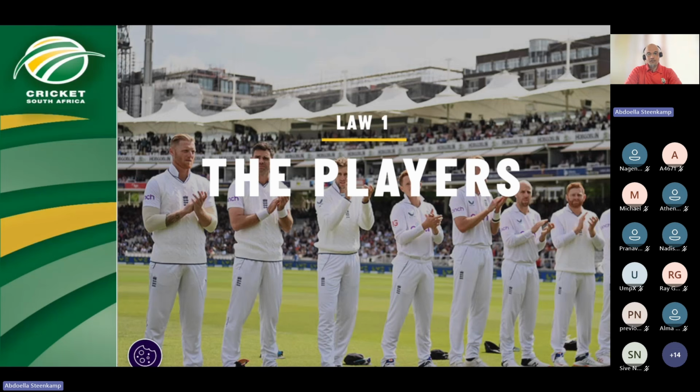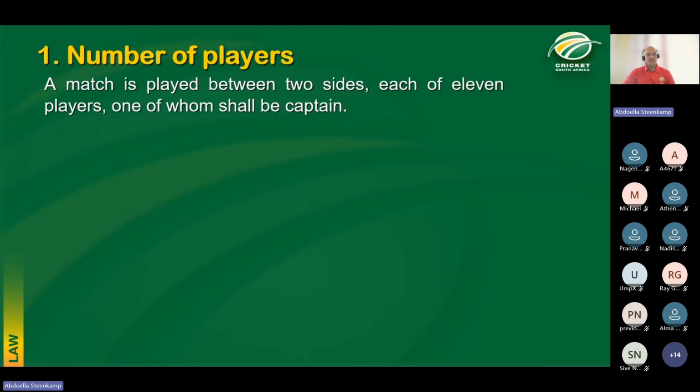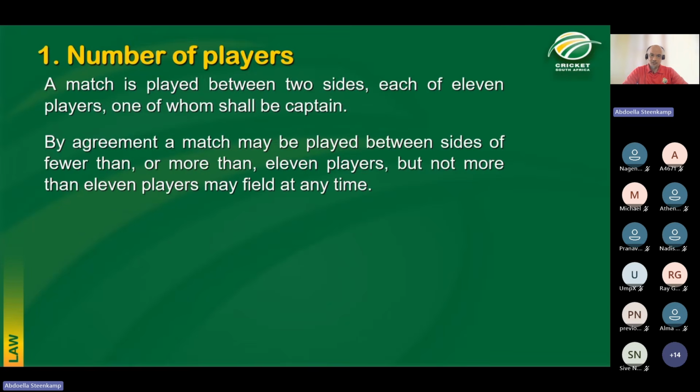So to kick off the revision slides, starting with the players. The law is flexible when it comes to the number of players. Usually, the game is played between two sides, each of 11 players. But by agreement, the match can be played between sides of more than 11 or even fewer than 11 players.